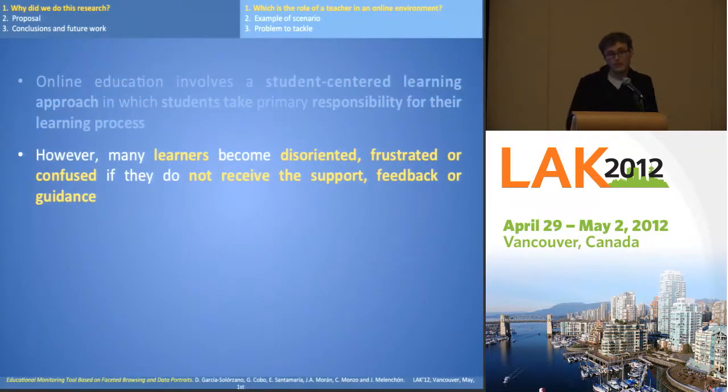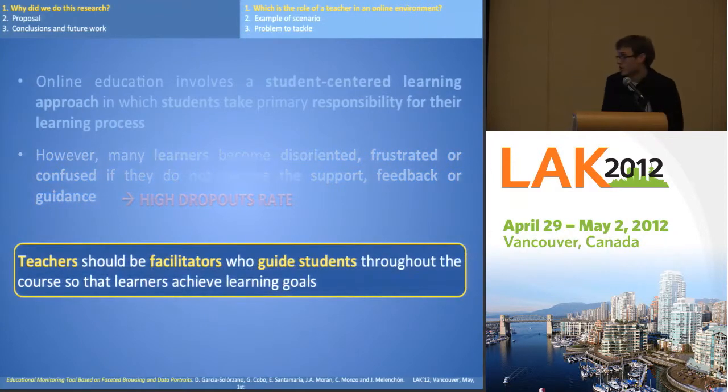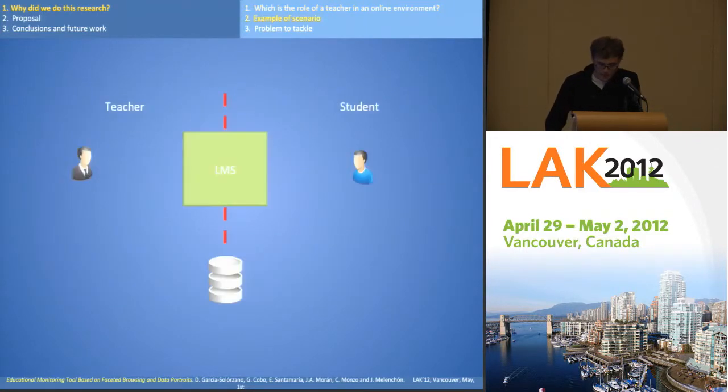However, many learners become disoriented, frustrated, and confused if they don't receive support, feedback, or guidance. So the role of the teacher in this environment is very important, because all these drawbacks create a high dropout rate. So teachers should be facilitators who guide students throughout the course so that learners achieve learning goals.